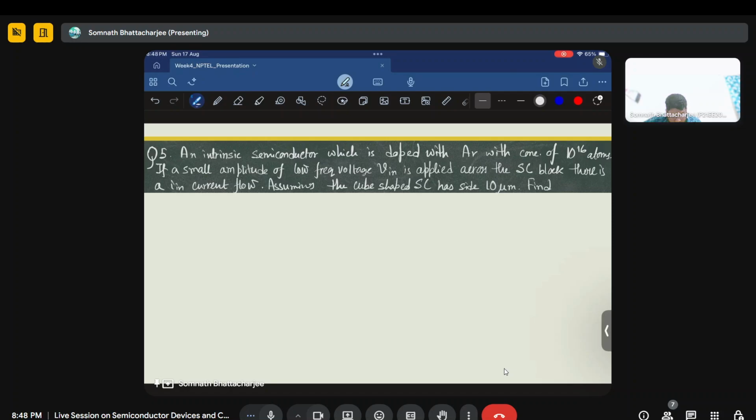Find dV in by dI in, so change in voltage with respect to change in current. And also it's given that all the dopant atoms are ionized.